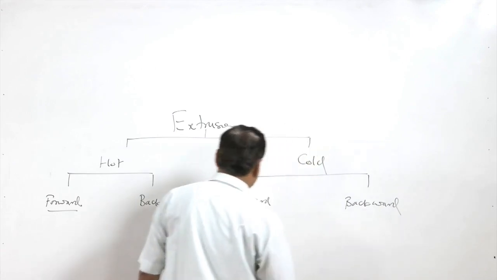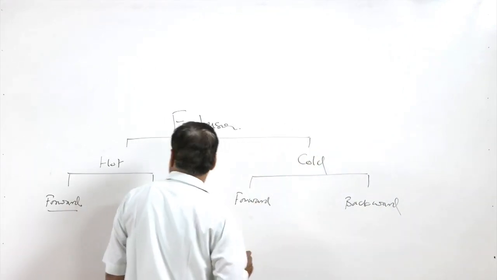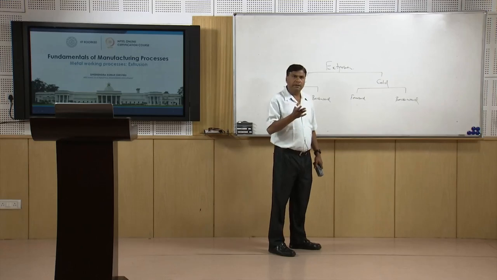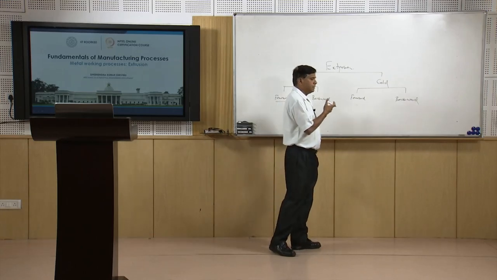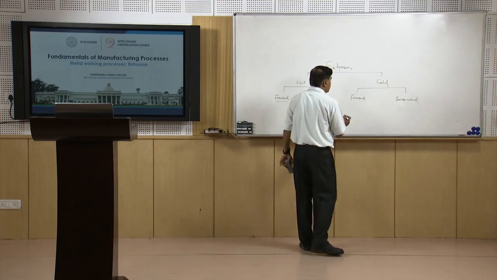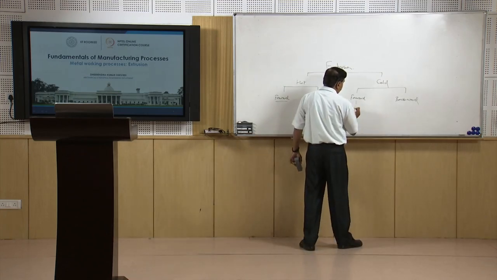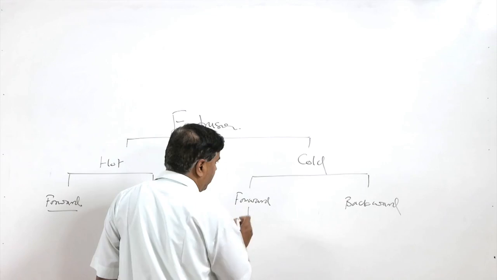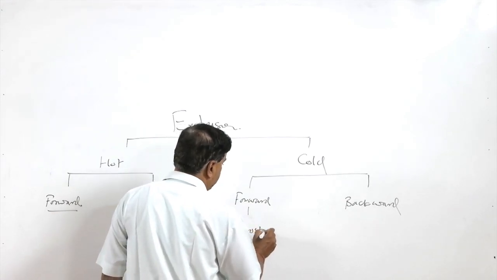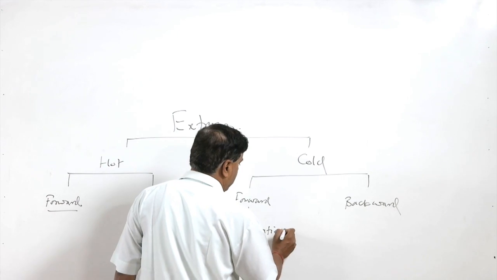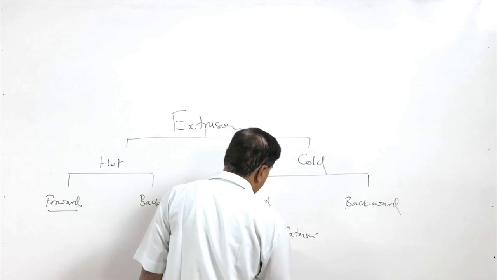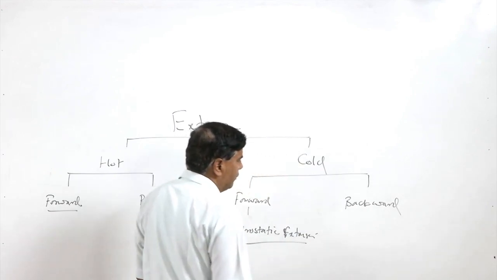In the cold extrusion category, the temperature of the billet is below the recrystallization temperature. One category of forward extrusion is hydrostatic extrusion, where the fluid pressure is applied through a fluid.